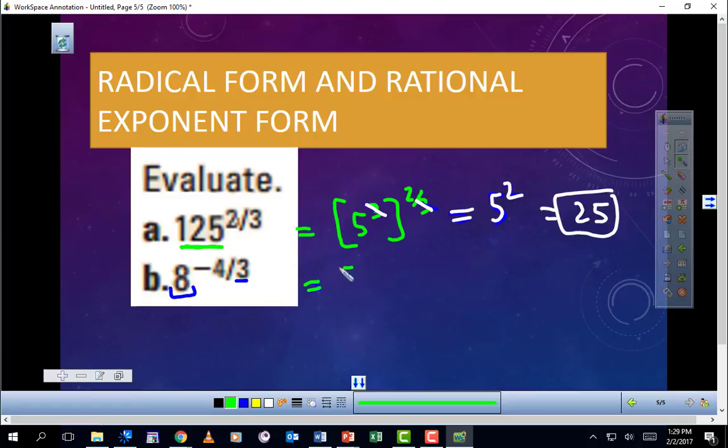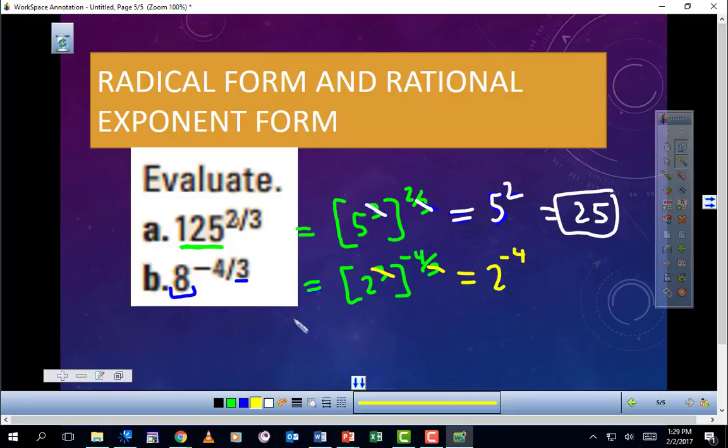So we're going to write this as 2 cubed raised to the negative 4/3 power. And the property that we were just learning about, when you have an exponent raised to an exponent, you multiply the exponents. So in that case, the 3's would cancel. And so then this is equal to 2 to the negative 4.